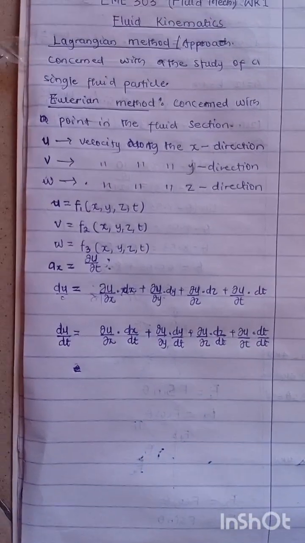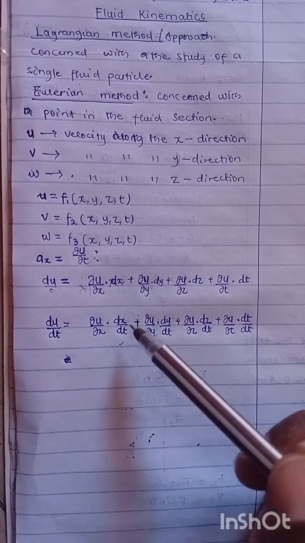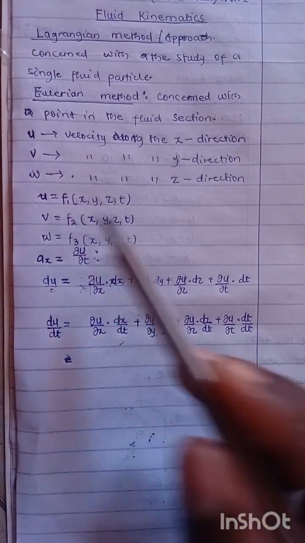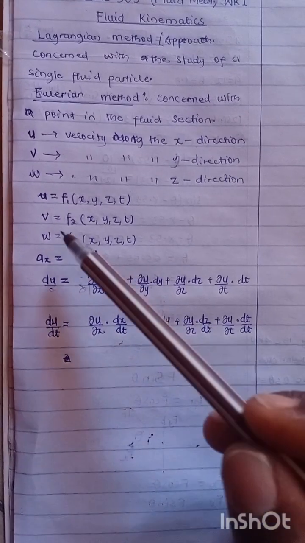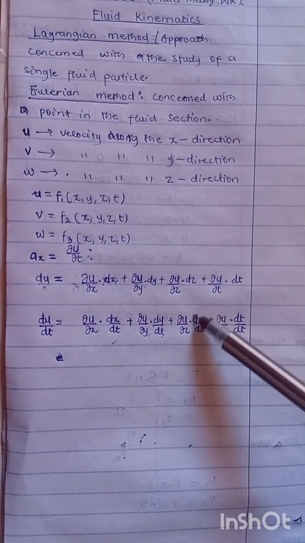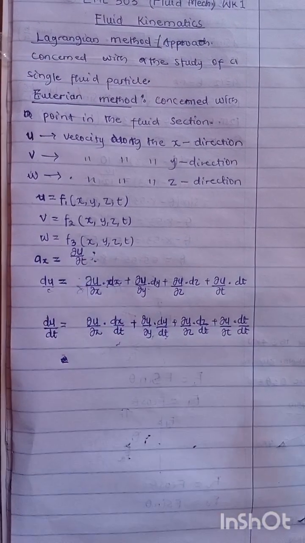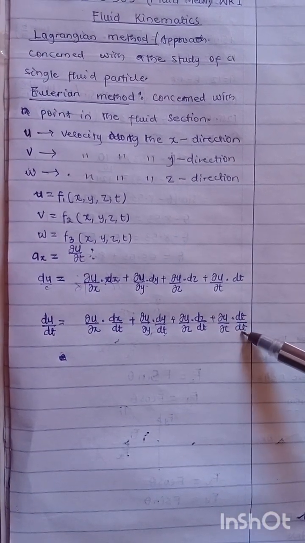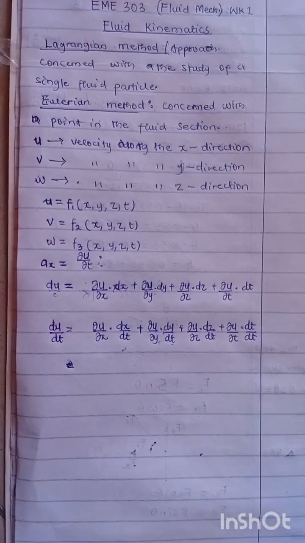So your dx by dt is equal to the velocity in the x direction, which is u. Your dy by dt is equal to the velocity in the y direction, which is v. Your dz by dt is equal to the velocity in the z direction, which is w. And then dt over dt is 1, as you know, if you differentiate t with respect to t, you get 1.